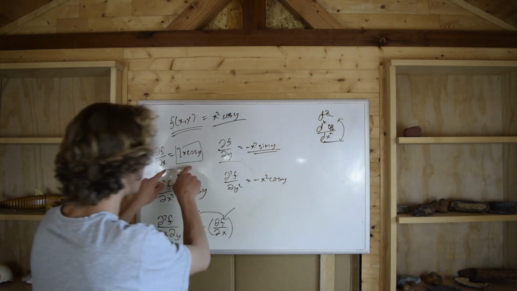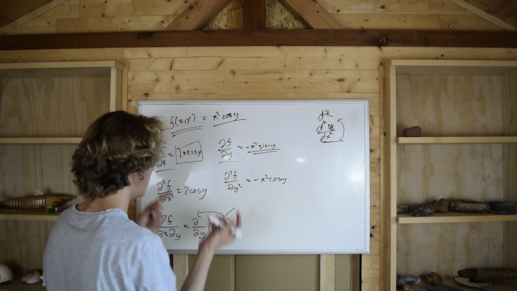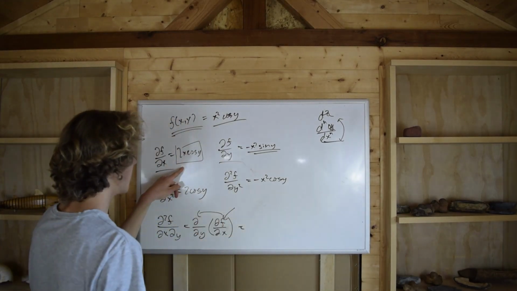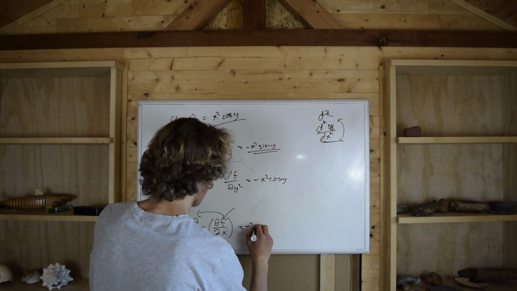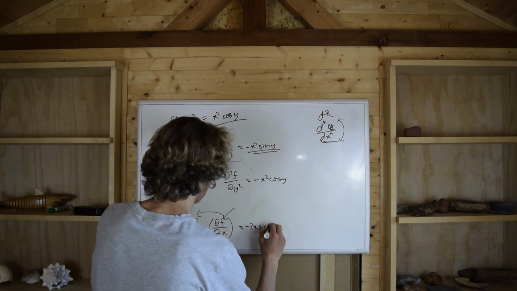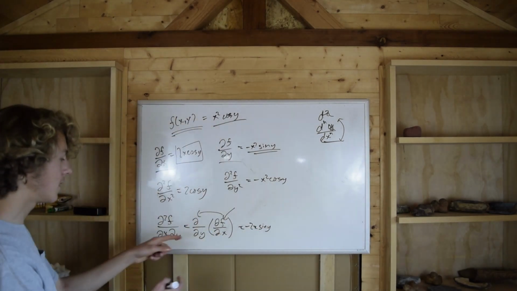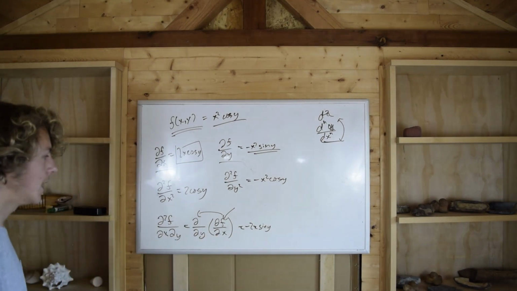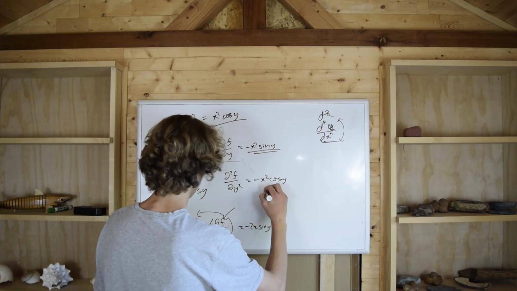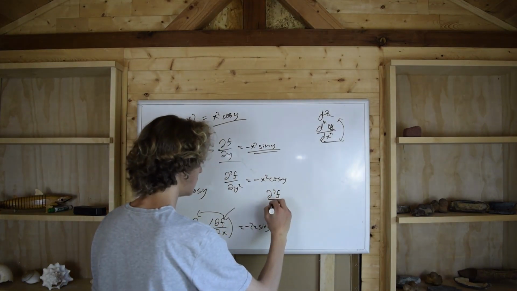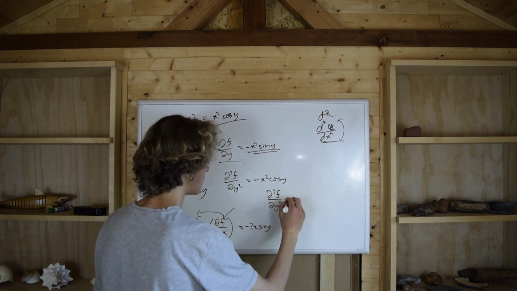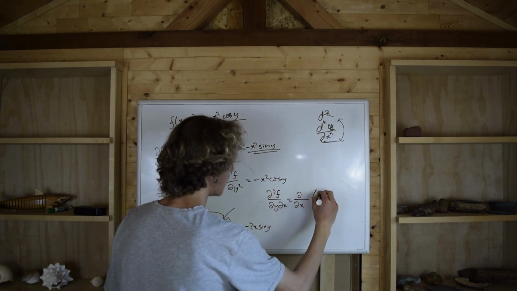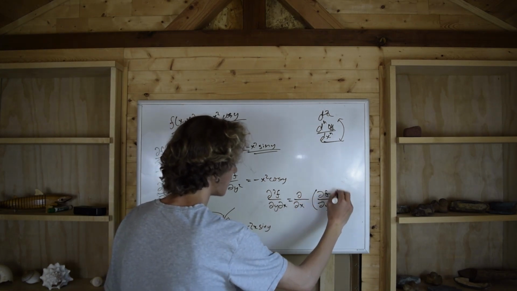And so here's del f del x. We've already established what that is, right? If we differentiate this with respect to y, now we get negative 2x sine y. Okay? So that's what this is. Now what if we switch it up? What if we say del squared f over del y del x? Well, that's the same thing as saying del x of del f del y, right?